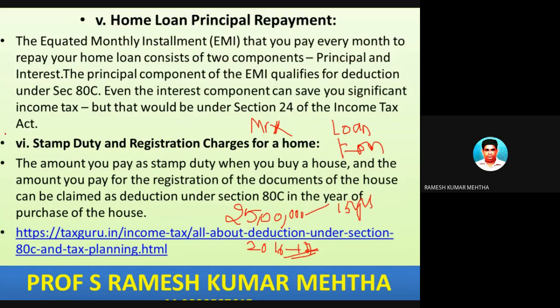So in the year 2019-20, he is paying the loan repayment. So he is paying interest as well as principal repayment. The interest, whatever he is paying during the financial year 2019-20, can be claimed as a deduction under section 24 of income from house property of the Income Tax Act 1961.